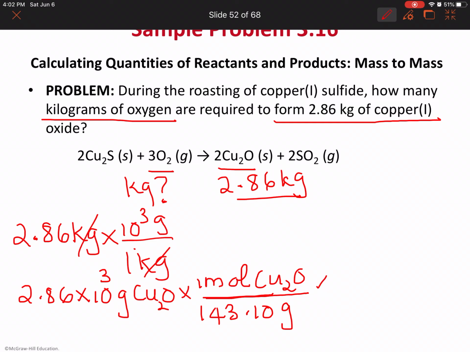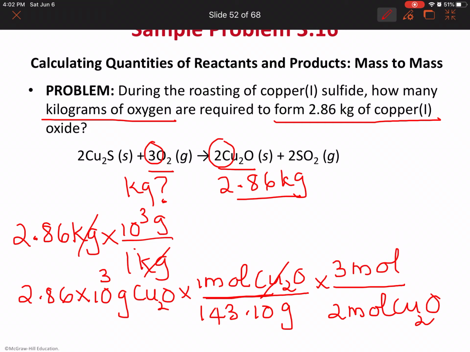And then you use the molar ratio: 2 moles copper oxide will react with 3 moles oxygen. So 2 moles copper oxide goes to your denominator, because we started with copper oxide in the previous one right here as your numerator. Then the ratio would be 3 moles oxygen.